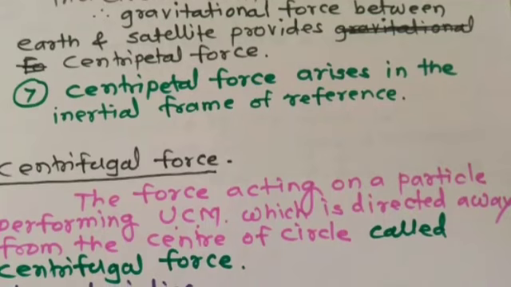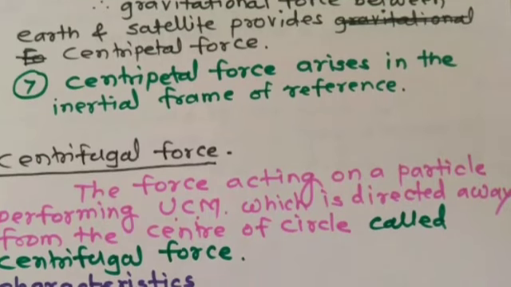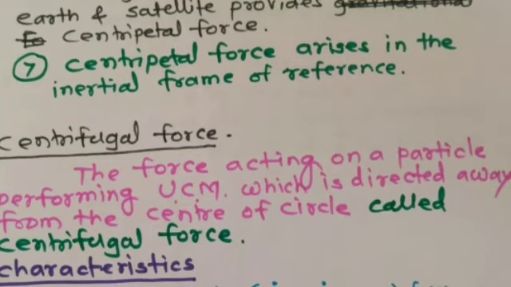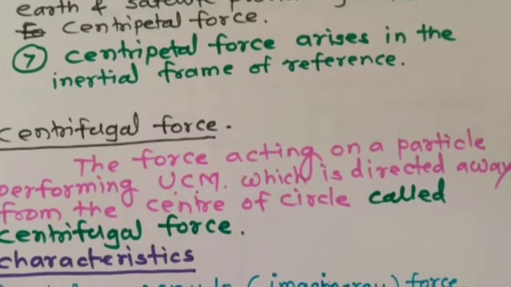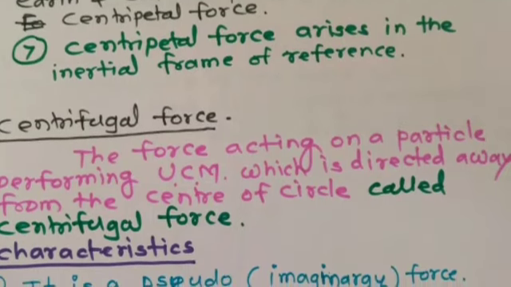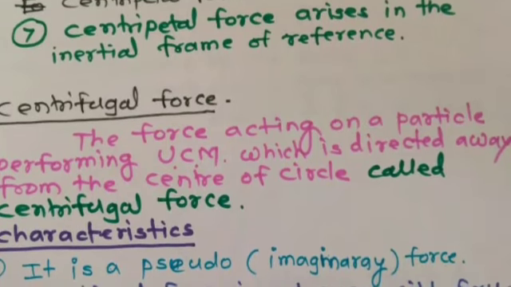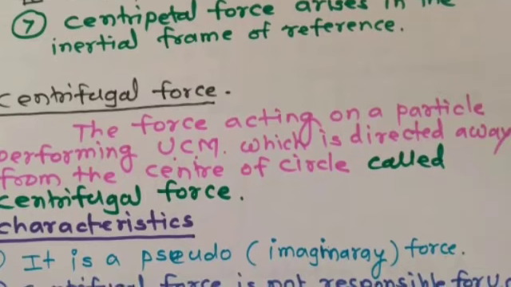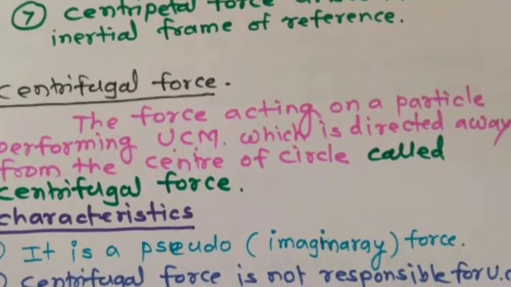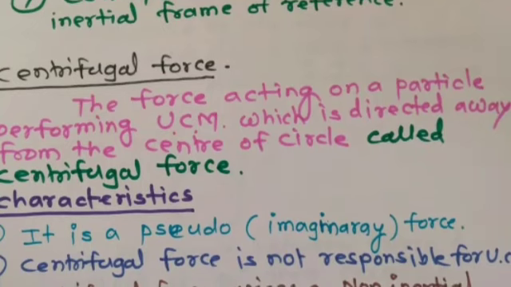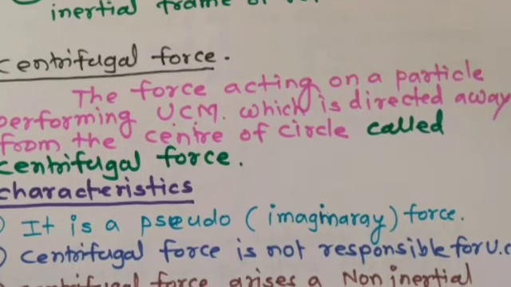Second force to be seen is centrifugal force. The force acting on a particle performing uniform circular motion which is directed away from the center of the circle is called centrifugal force. The characteristics of centrifugal force are, number 1, it is a pseudo force or imaginary force.